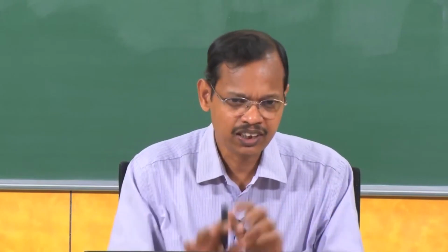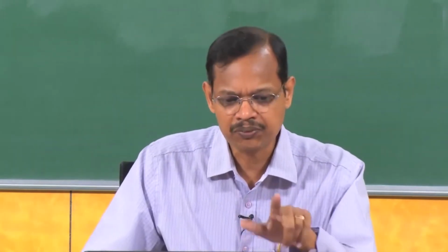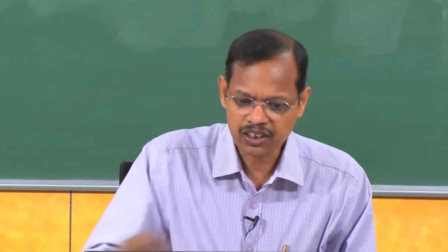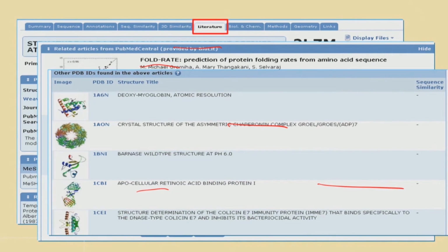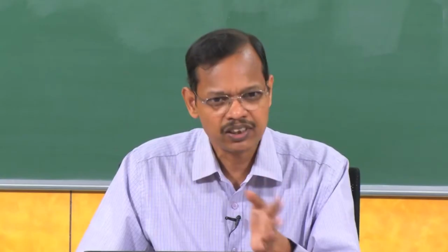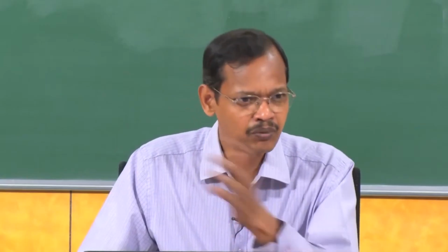There are several papers that use the structural information for analysis. They listed all the papers on the site. If you click on this one, you see the structures which are used in the paper. They also give the data about the structures used in a particular paper. So, PDB structures are important and widely used for analysis as well as for developing prediction methods.